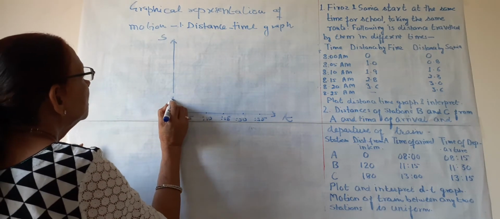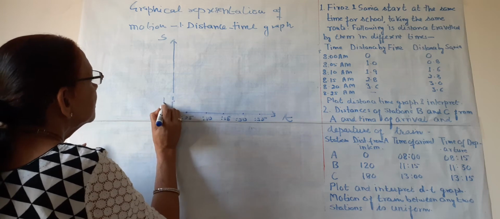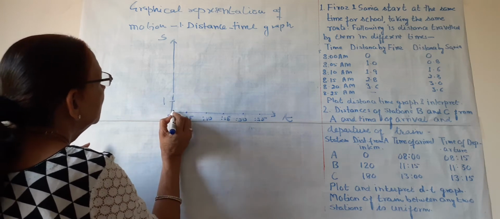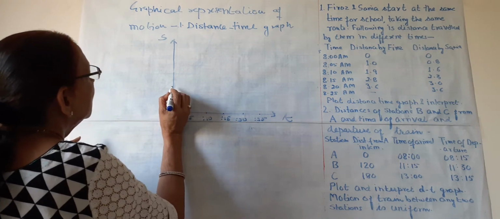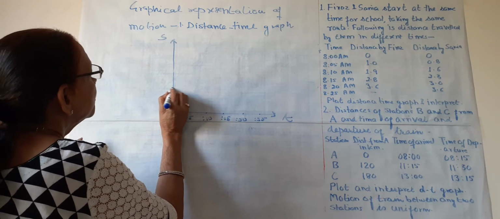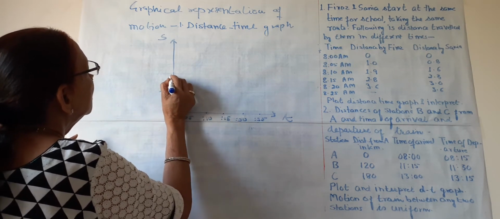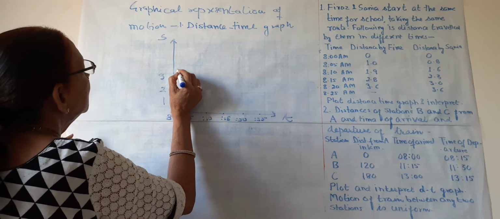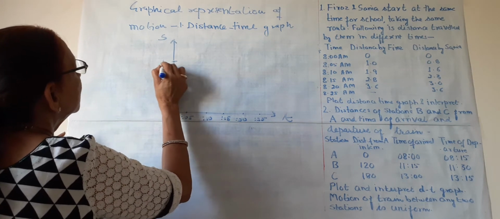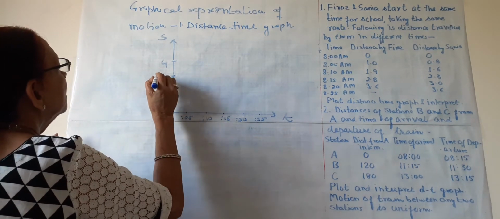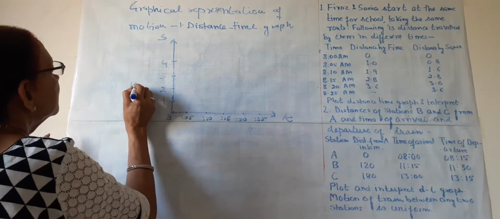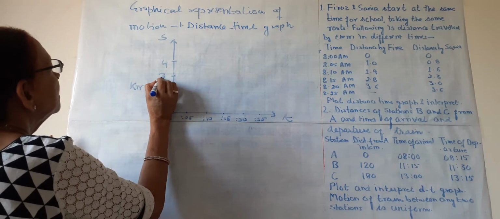So here, this is 1 kilometer. This is 2 kilometer, 3 kilometer and 4 kilometer. So distance in kilometers.